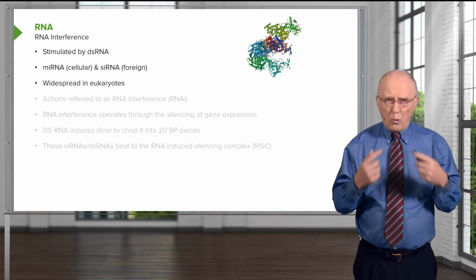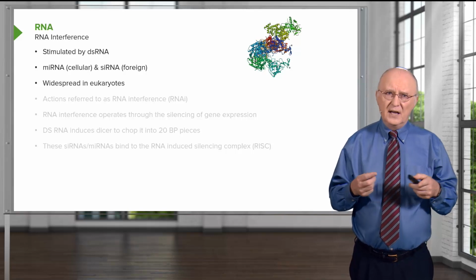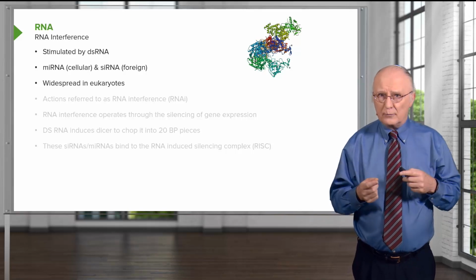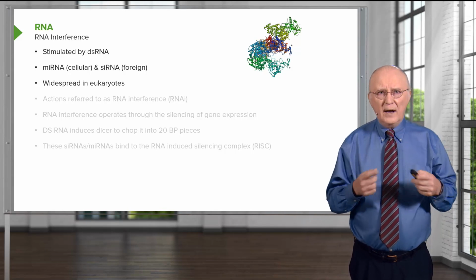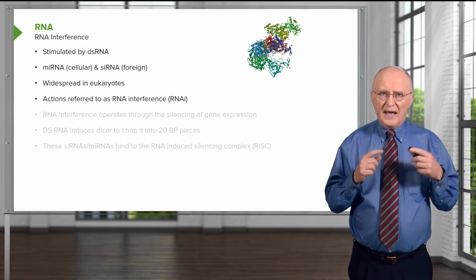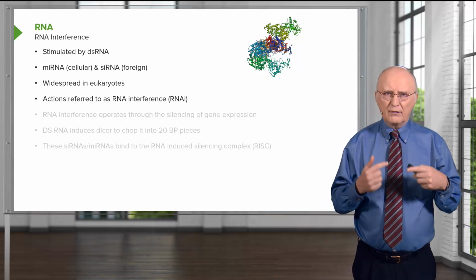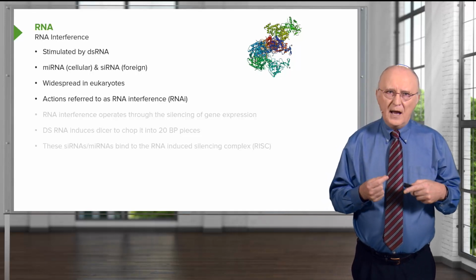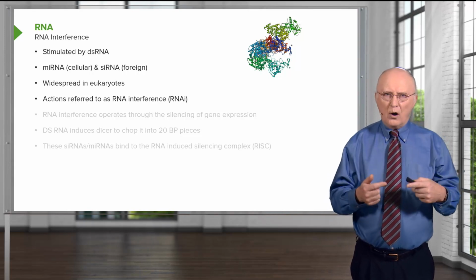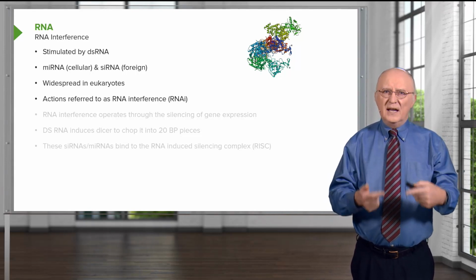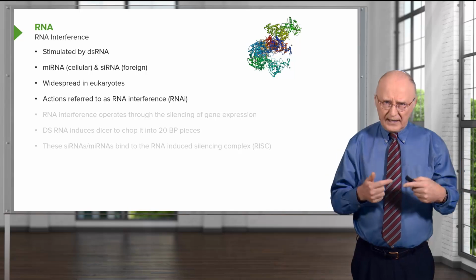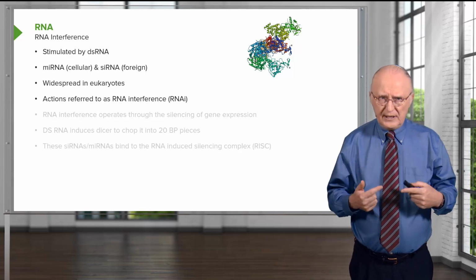Now, the process is quite widespread in eukaryotic cells. It occurs in plants and it occurs in animals, and it plays a wide variety of roles. The actions performed in this process are called RNA interference, or RNAi. What these double-stranded RNA molecules result in is the interfering of the translation of targeted genes.